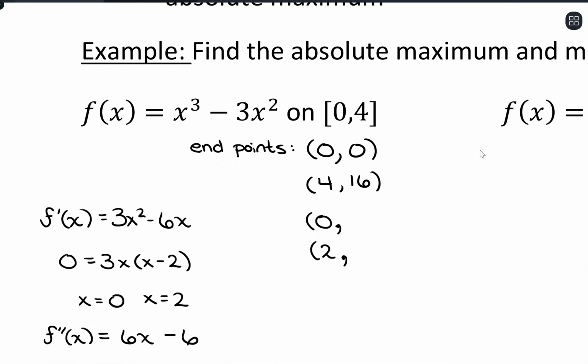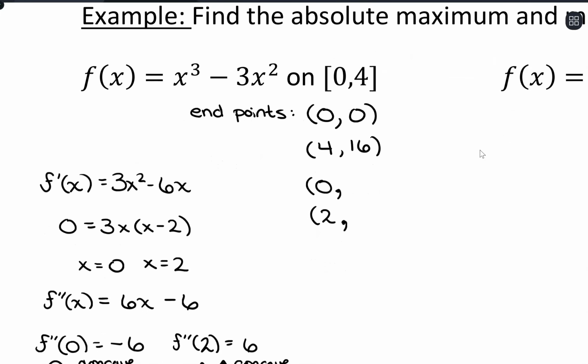So x equals 0 we actually already have, so I don't need that one because we already have it as part of our group. And then if we plug in 2, that'll be an 8 minus 12, so a negative 4. So these are the coordinates I want to look at.